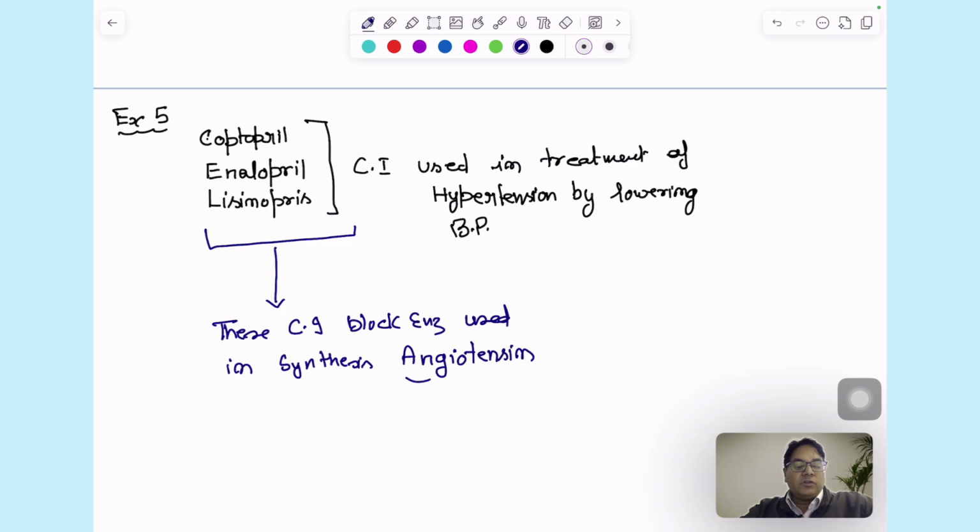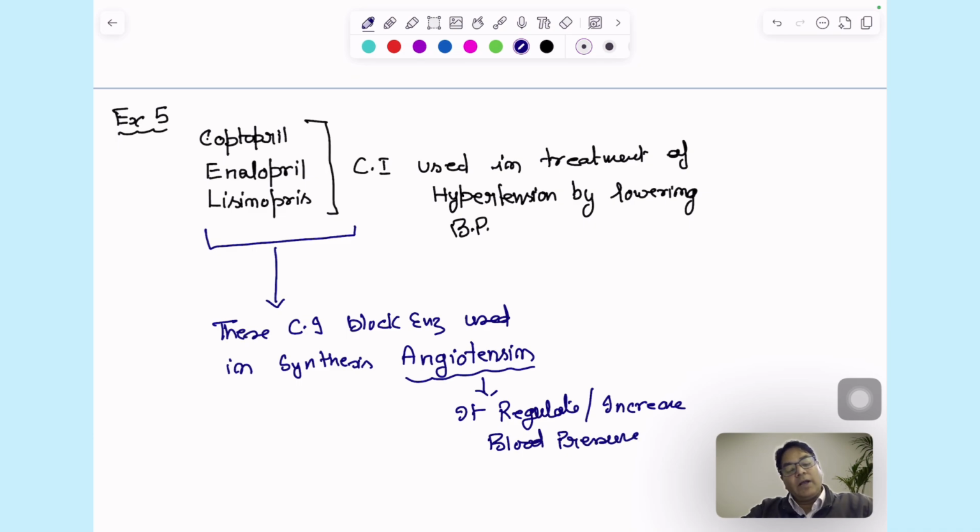And in physiology we'll study about this angiotensin. It regulates blood pressure, or actually it increases blood pressure. During hypertension the BP is increased.